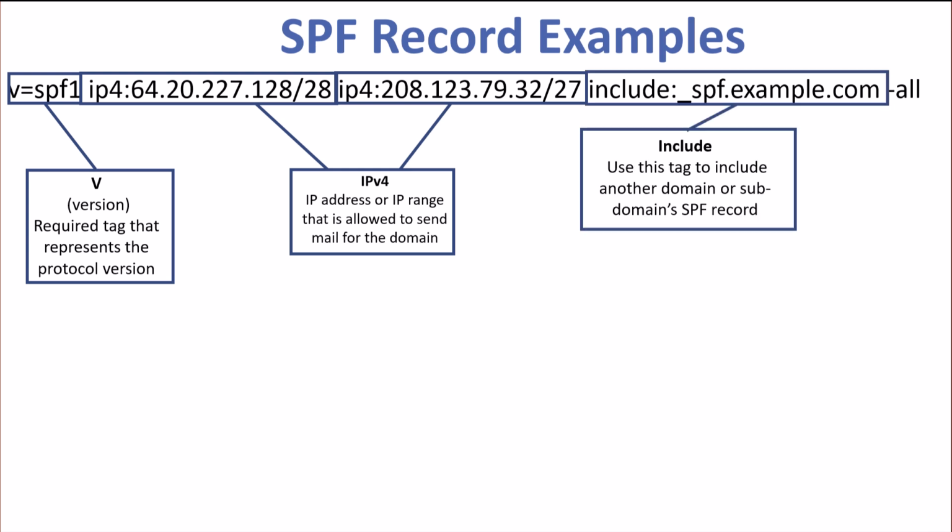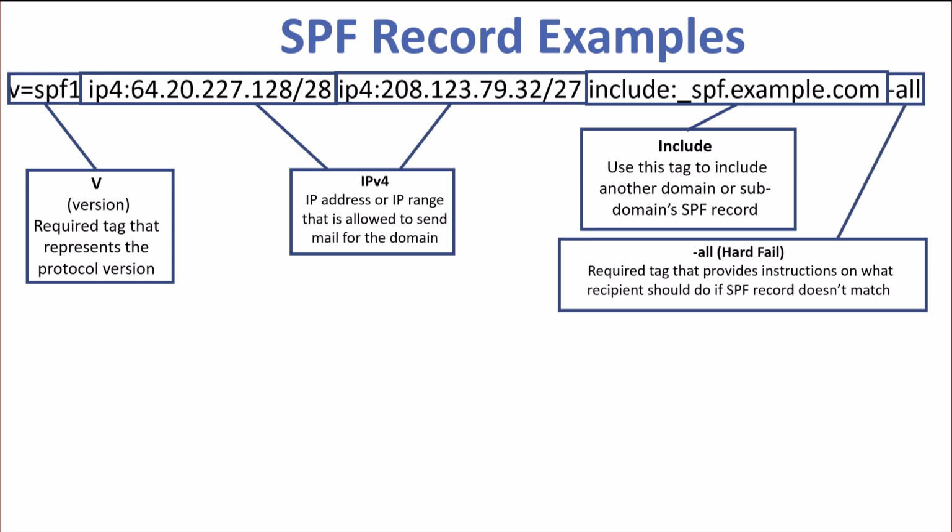You can also use what we call an include statement to include another domain or subdomain's SPF records when considering what servers are authorized to send on behalf of your domain. And then the all mechanism, the -all, is a tag that provides instructions of what the recipient should do if SPF does not match. There's a hard fail, and then there's another situation, what we call a soft fail, which we'll talk about shortly.